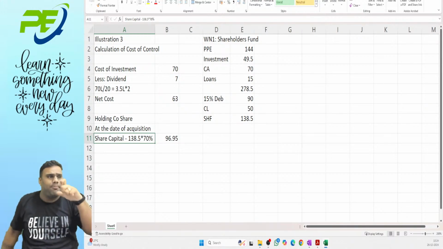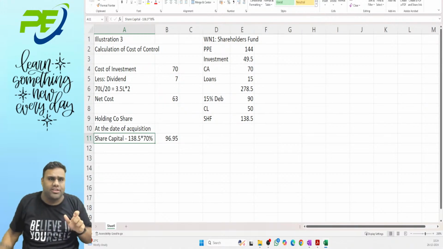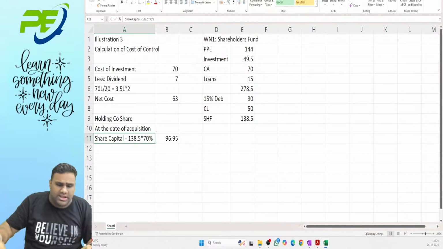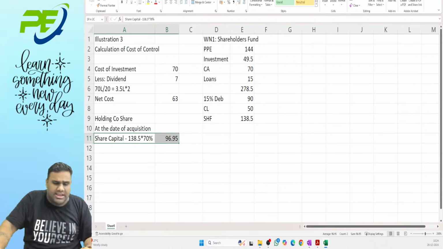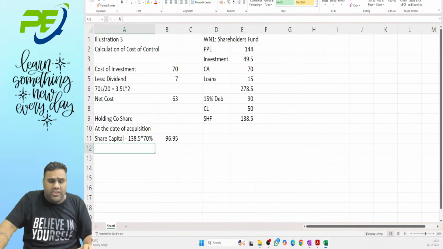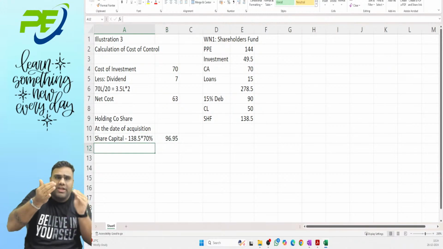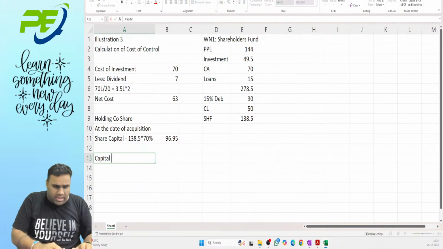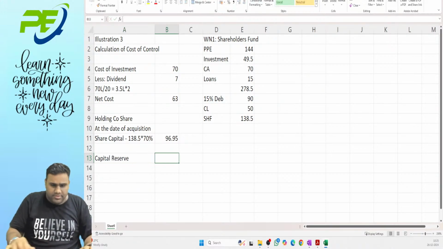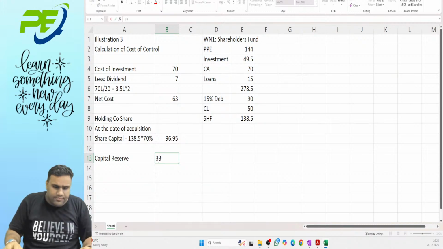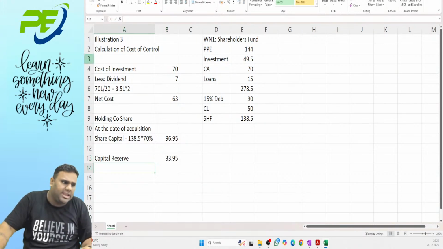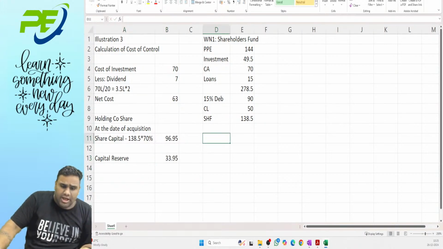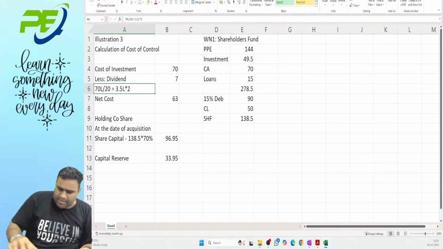Shareholders fund is share capital, reserves and surplus plus share warrants, so reserves and surplus is already included. It is 96.95 against 90. Now, did we pay extra or did we pay less? We paid less. Then it is capital reserve: 6.95.